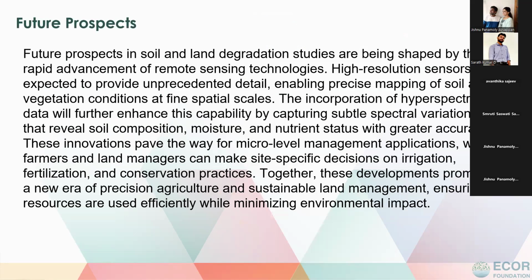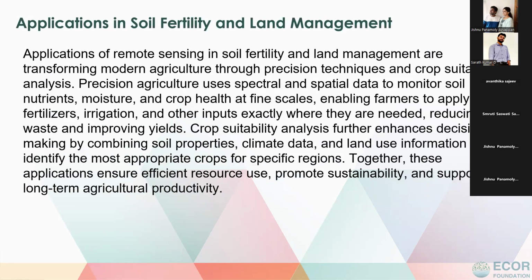Future prospects. The future of soil remote sensing is moving towards micro-level management: very high resolution satellites, hyperspectral imaging, radar imageries, real-time monitoring dashboards, and automated alerts. This brings us closer to precision agriculture and targeted interventions.